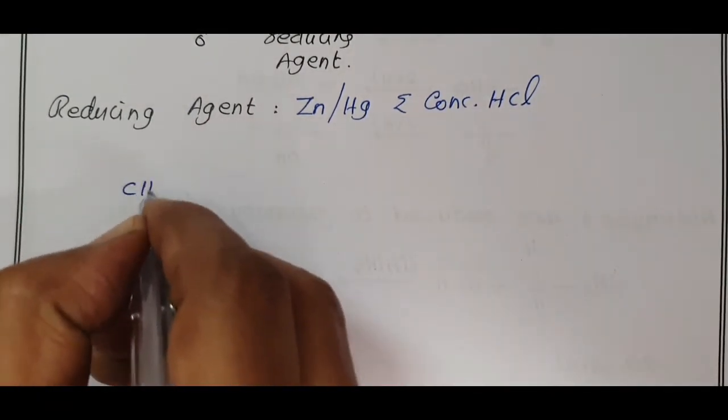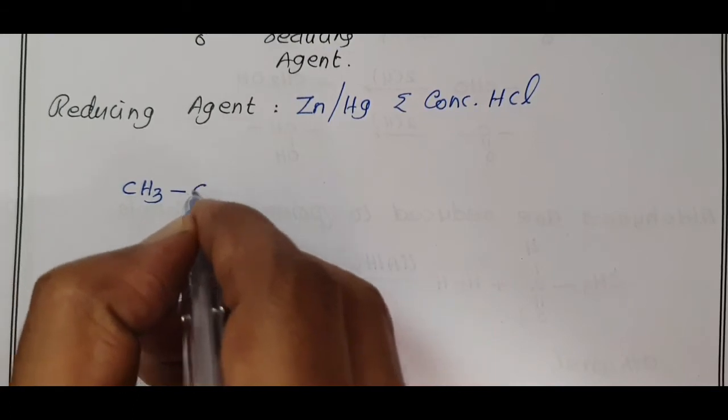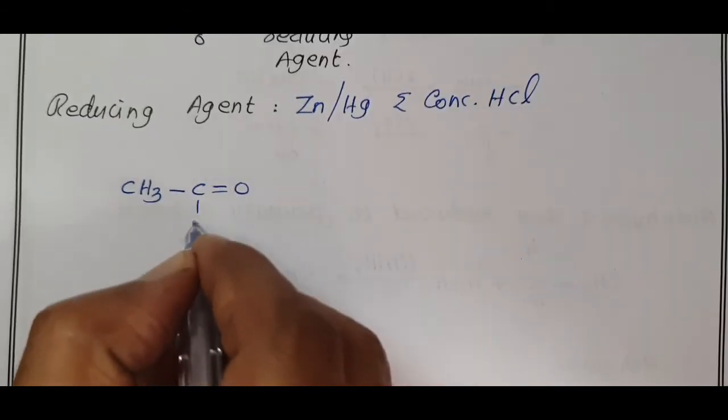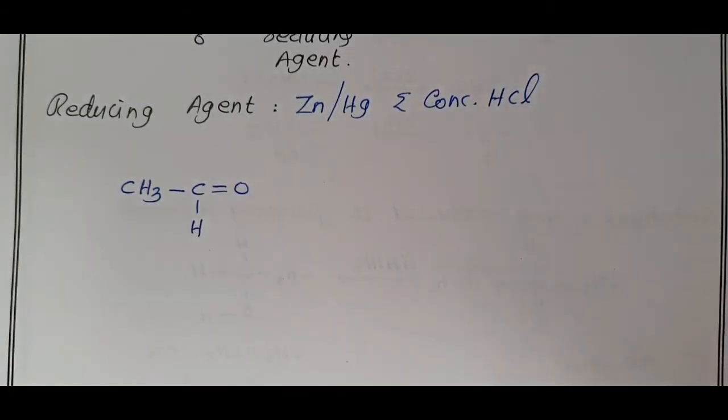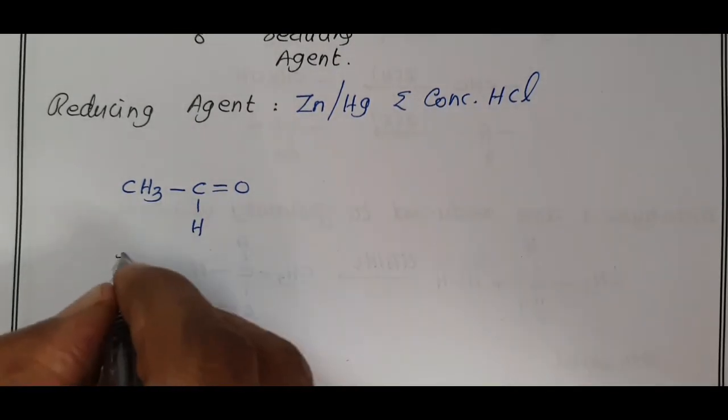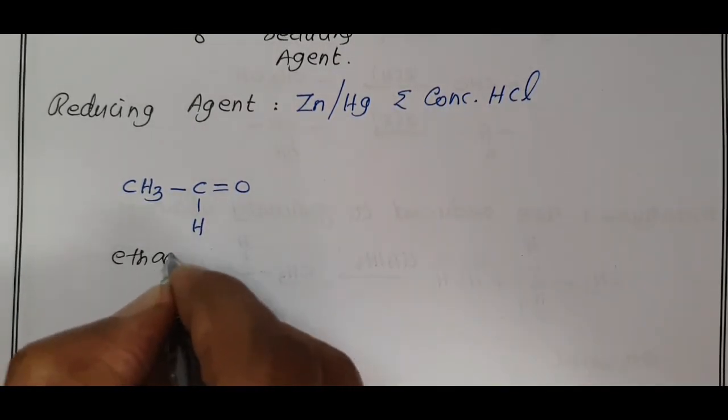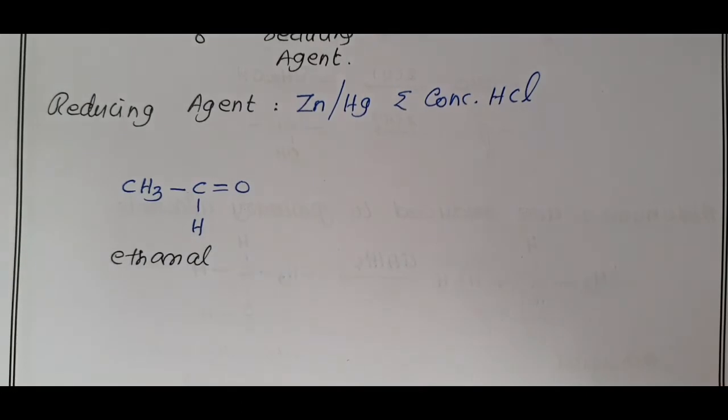Acetaldehyde, CH3CHO, 2 carbon, root word eth, carbon single bond, suffix -al for aldehyde.